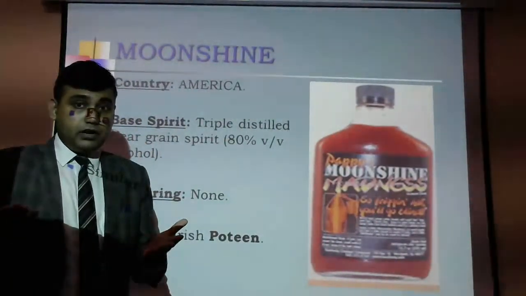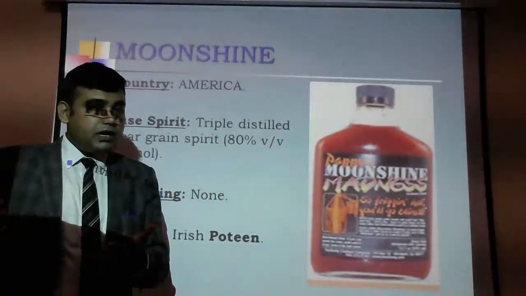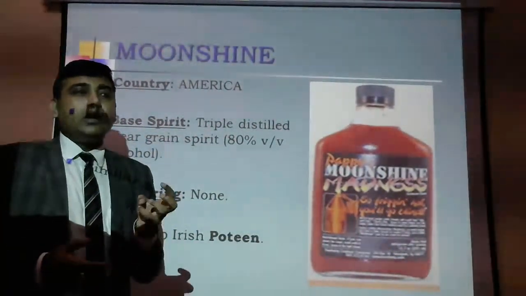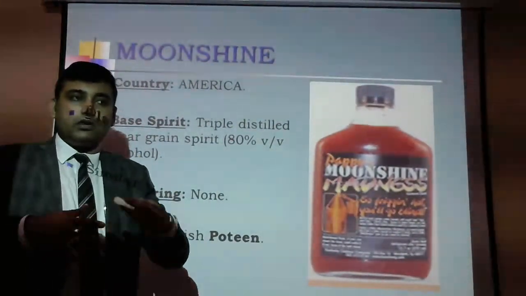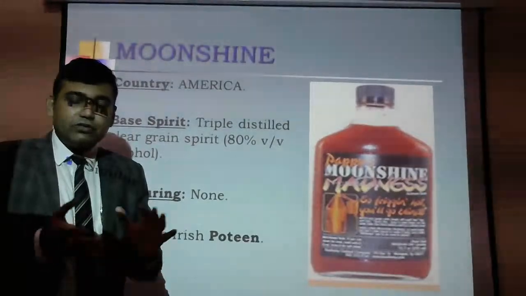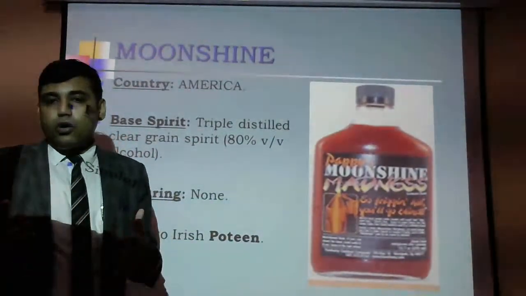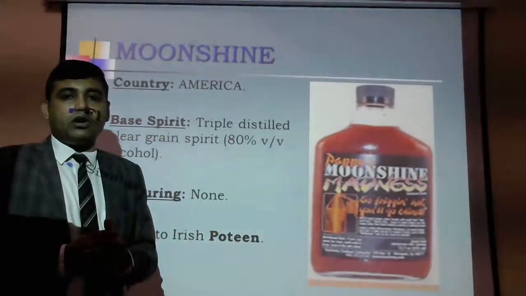In the production of whiskey, you do screening, steeping, germinating, and kilning in the process of malting, right? So when you do the screening, you find a few broken grains and a few grains which are discarded. You collect all those grains, and they don't throw them away. They make a popular spirit called moonshine.